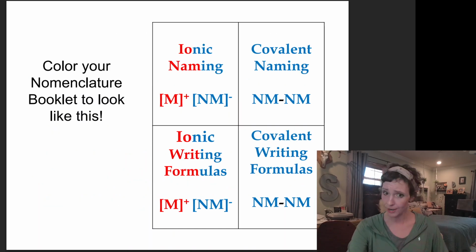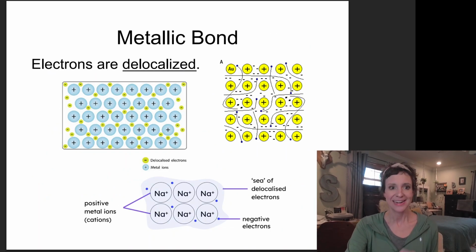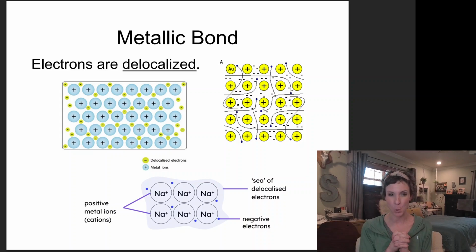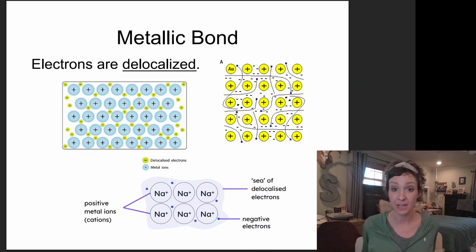Okay, so we already colored our book. Yay for us. Now I kind of want to unpack these three types of bonds a little bit more. So my metallic bond is made up of metals, the red guys, the guys to the left of my staircase. And what makes a metallic bond is that these metals' electrons are delocalized. We will have an entire lesson on metallic bonding, so I'm going to try not to get too excited about it here.